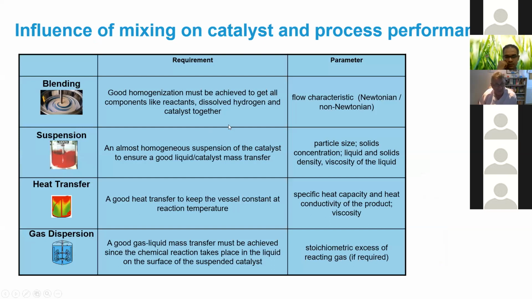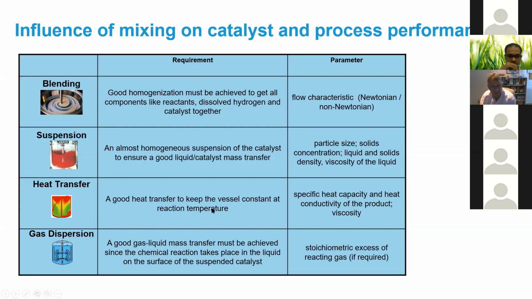So thinking about mixing, and if we look at blending, suspension, heat transfer, and gas dispersion, I'm not going to read through all of this table, but with blending, we're talking about good homogenization to get all your reactants and dissolved hydrogen, if we're looking at hydrogenation, well mixed. With suspension, we're looking at good liquid catalyst mass transfer.